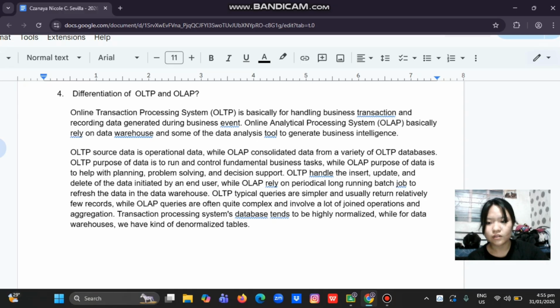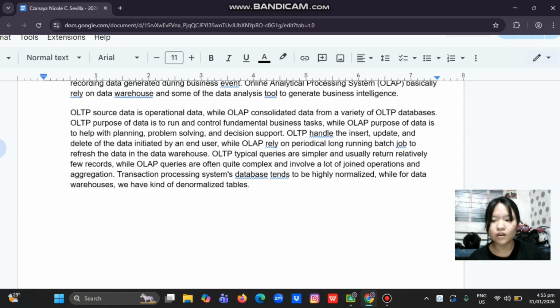OLTP source data is operational data, whereas OLAP consolidates data from a variety of OLTP databases. OLTP's purpose of data is to run and control fundamental business tasks, while OLAP's purpose of data is to help with planning, problem solving, and decision support.